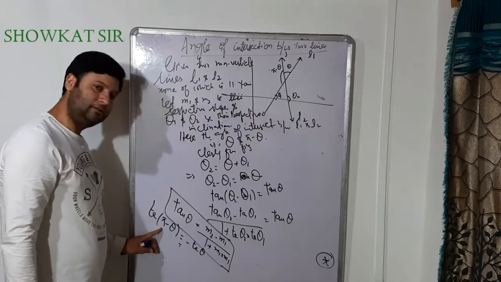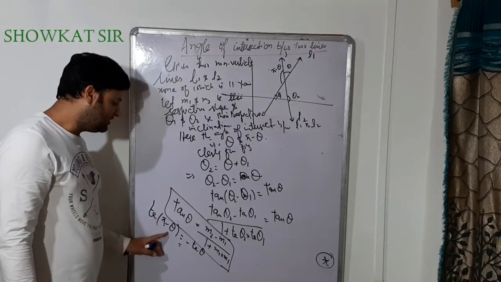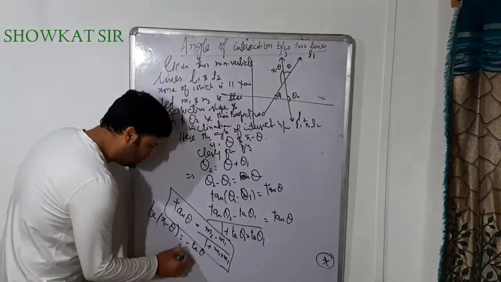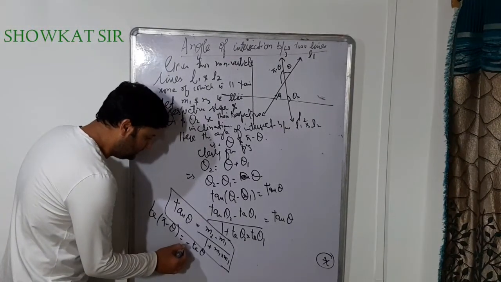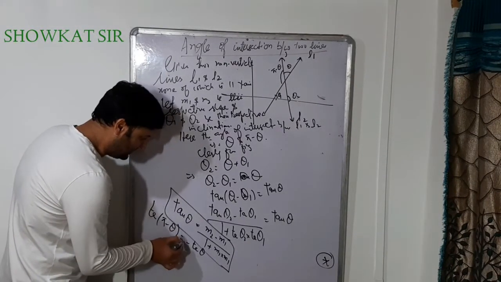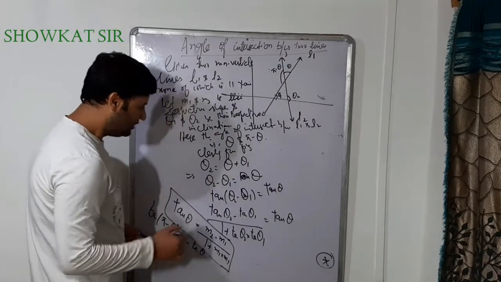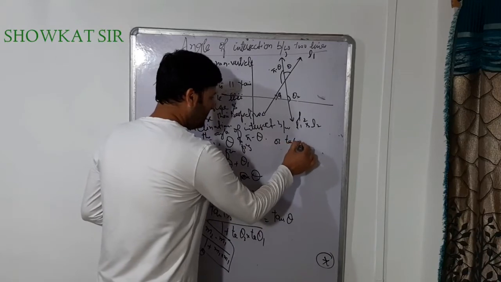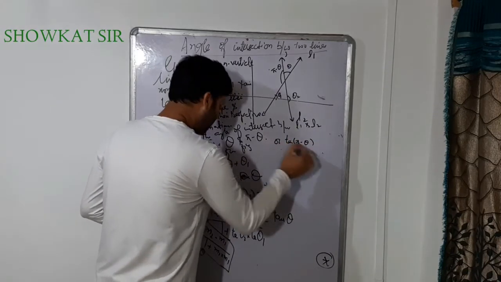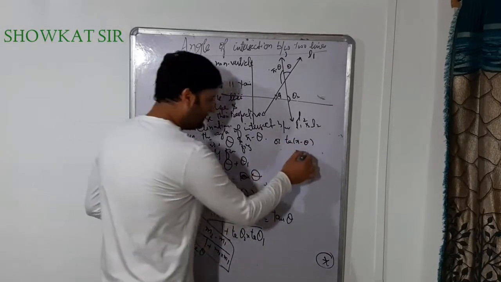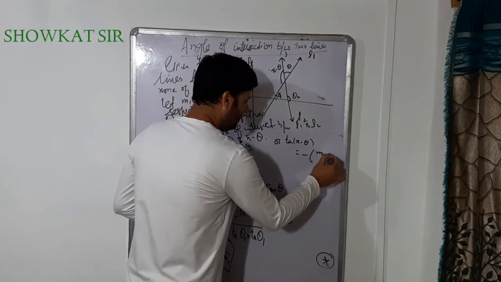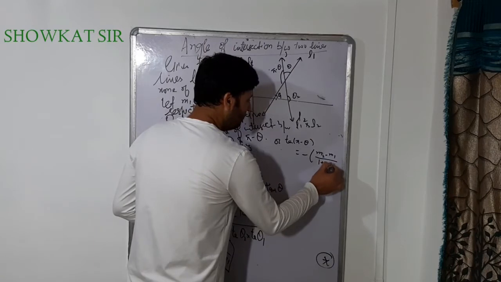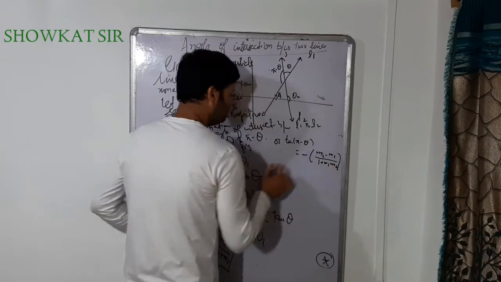Pi minus theta is not an odd multiple of pi by 2, so the name will not change. The quadrant will be second, and in the second quadrant tan is negative. So tan of pi minus theta is minus tan theta, that is minus times M2 minus M1 divided by 1 plus M1 into M2.